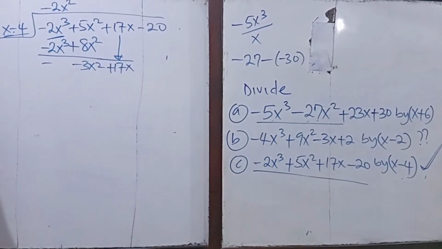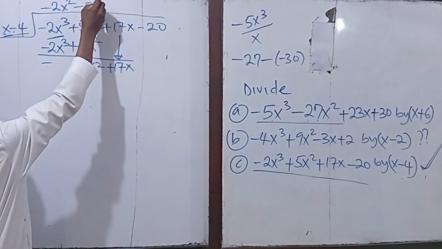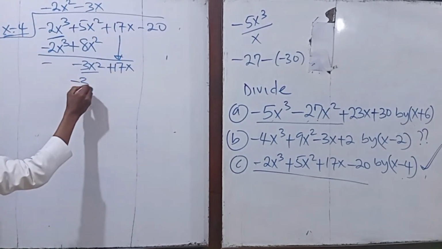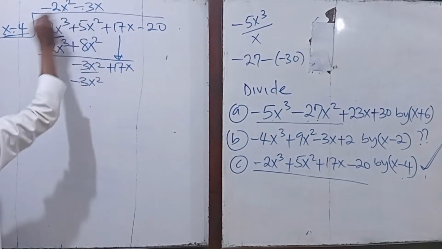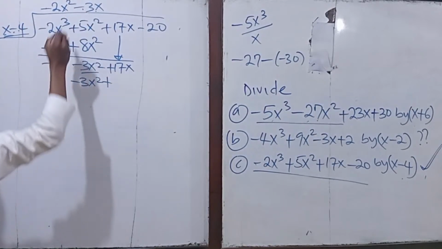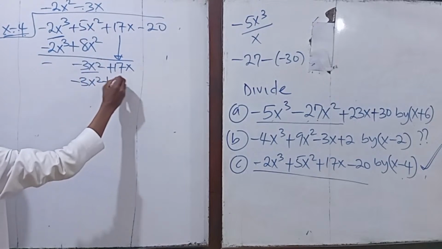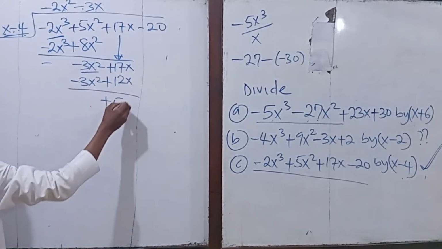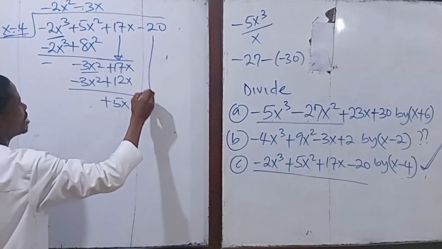Repeat the process. Minus 3x squared over the first one there. So that's minus 3x. Minus 3x times x, that's a minus 3x squared. Minus times minus, that's a plus. 4 times 3x, that's 12x. Do the subtraction. So we have a plus 5x. Take this one, bring it down.